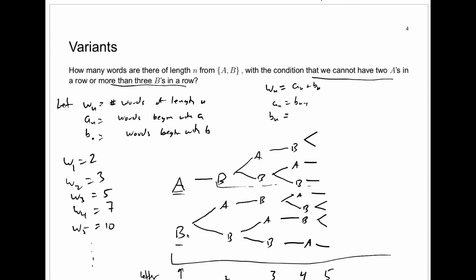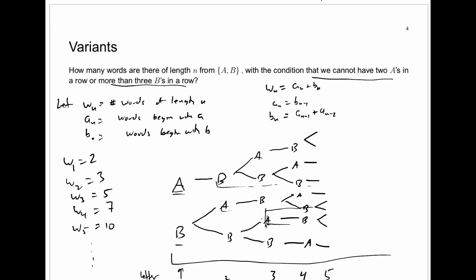But what can you say about B sub n? If we start with the B, we could either be a shorter word by 1 that starts with an A, that there would be A sub n minus 1 of those, or we could go down here. Here I can't just say B sub n minus 1 because now I've got 2 B's in a row and that would lead to this condition sooner. So I've counted all of these with A sub n minus 1, but here I'm going to have to say either I have an A, in which case I have all the words that go on from this point, and that's just A sub n minus 2.